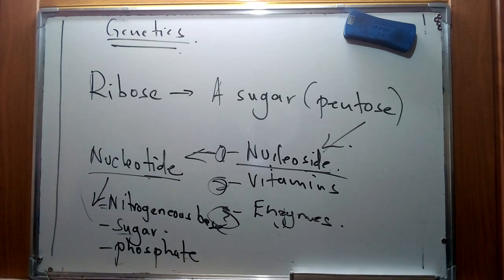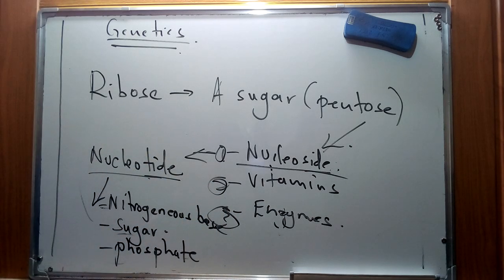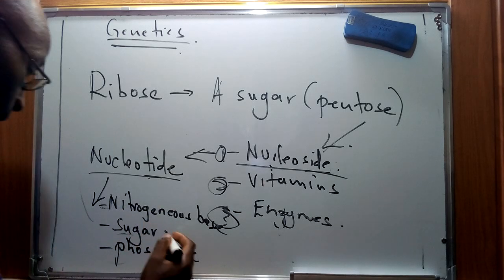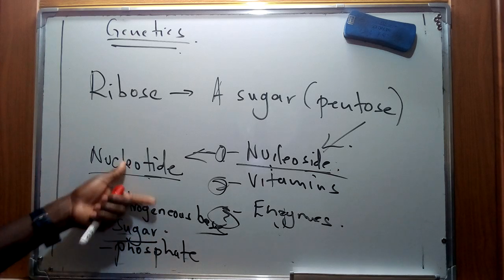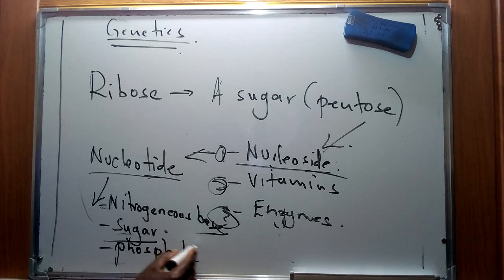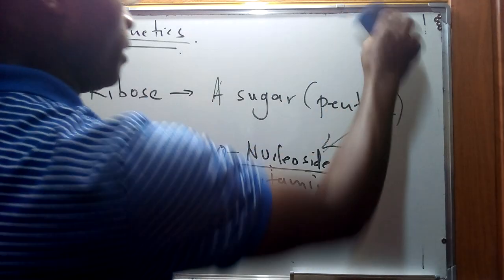Now the nucleoside basically consists of the base, which is a nitrogenous base, plus the sugar. So the difference between the two is that the nucleotide consists of a phosphate, which is lacking in a nucleoside. So in any case we come across the two, I hope that the difference between this compound and this one is going to be clear for us.